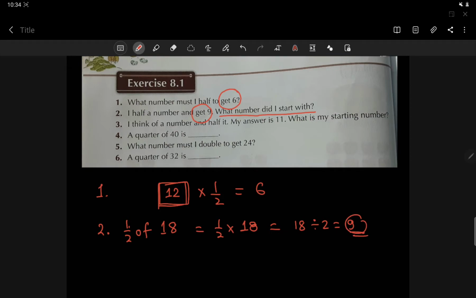When you have to find the total number, you just multiply by 2. Why am I multiplying by 2? Because it is said I half. So half means 1 by 2. So you just multiply 9 by 2, you will get 18. So 18 is the answer for 2.